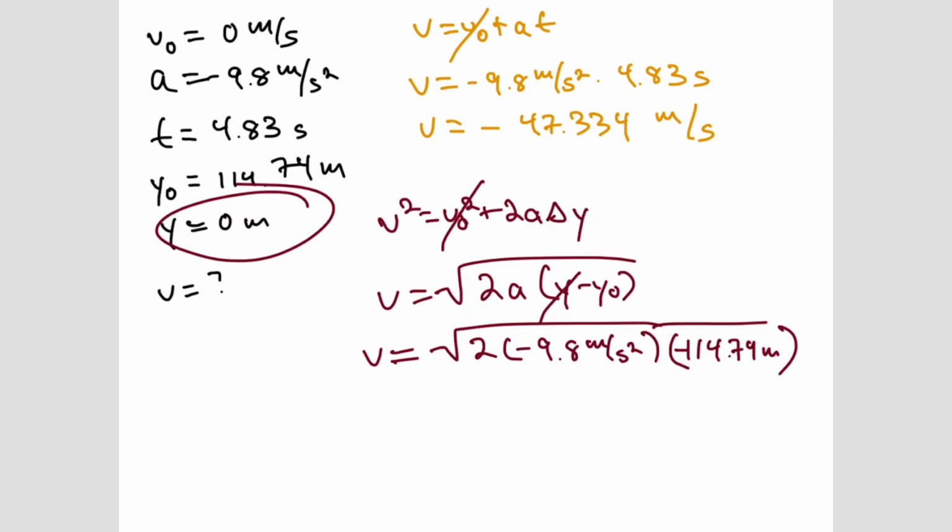Now I just plug this into the calculator. So the square root of 2 times negative 9.8 times negative 114.74 gives a velocity of 47.42 meters per second. You notice that these technically are different values, but frankly, they are close enough.